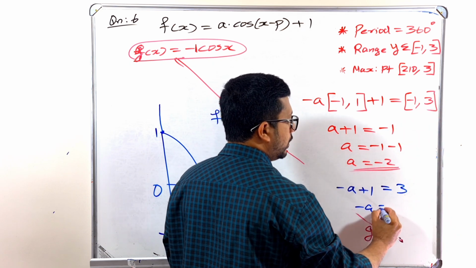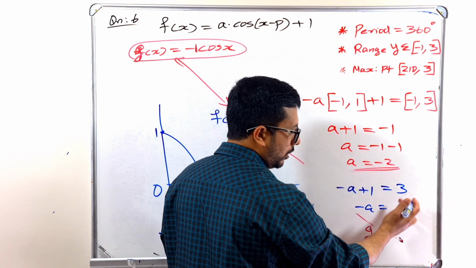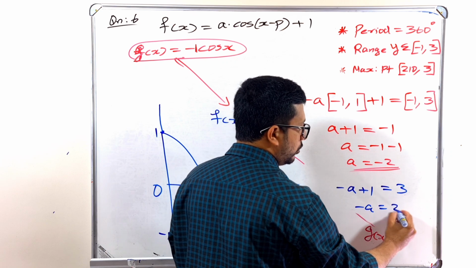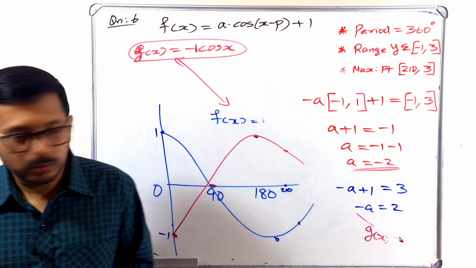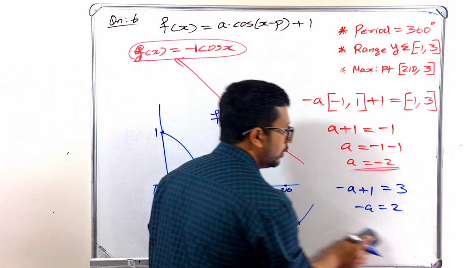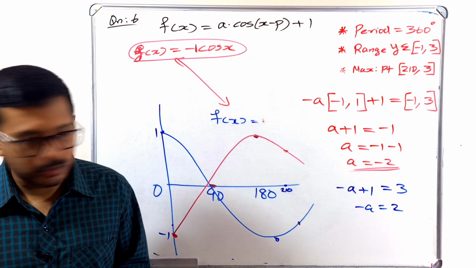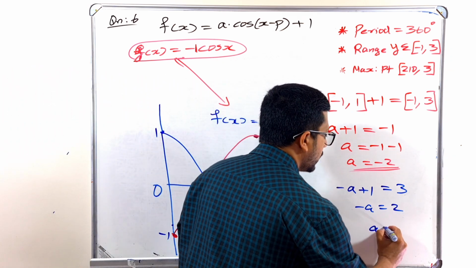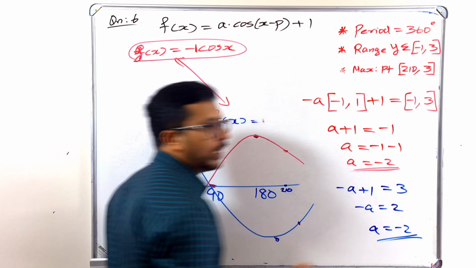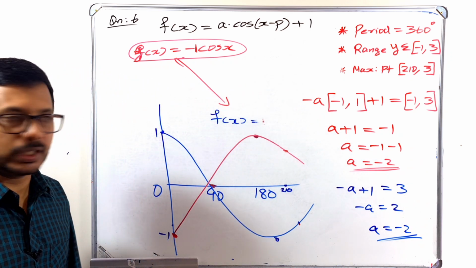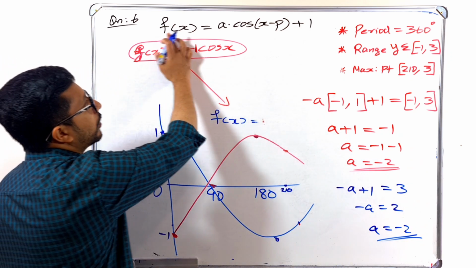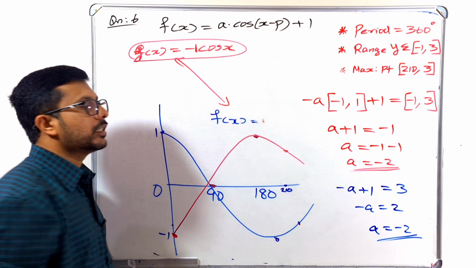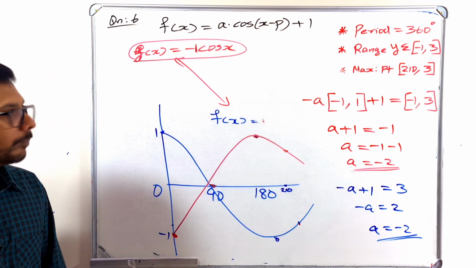So minus a is equal to, take this 1 to the other side, 3 minus 1 is 2. Minus a is equal to 2. What is the value of a? The value of a is -2. So if we take the maximum value also, we are getting the value of a as -2. So in our question, the value of a is -2.